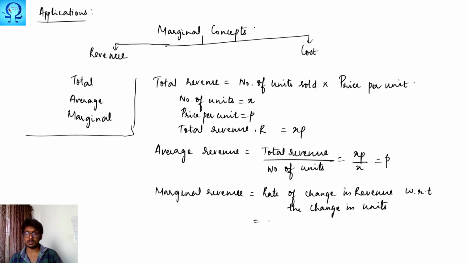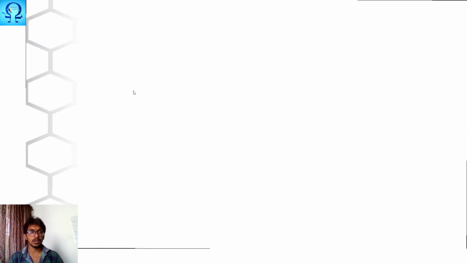In notation, this is simply dR upon dX. Here you may see that the price is a fixed quantity and the number of units is varied. So your R may be treated as a function of X, and when you differentiate your revenue with respect to X, that is going to give you marginal revenue.